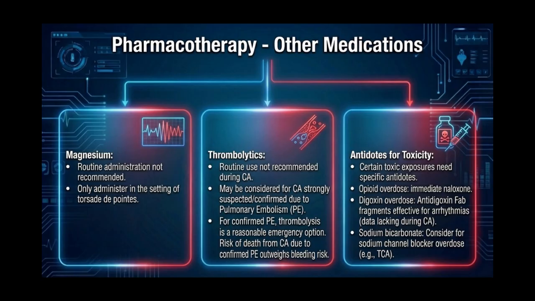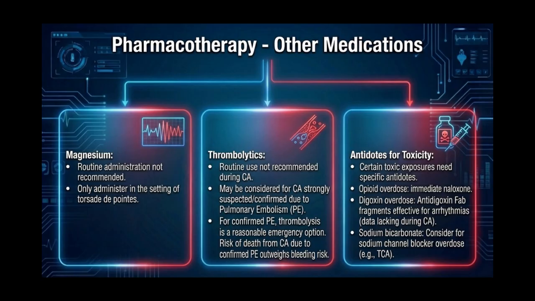For digoxin overdoses, antidigoxin Fab fragments are both safe and effective for treating severe arrhythmias, although data regarding their efficacy specifically during cardiac arrest is limited. Sodium bicarbonate might be an option for managing overdoses caused by sodium channel blockers, such as tricyclic antidepressants.